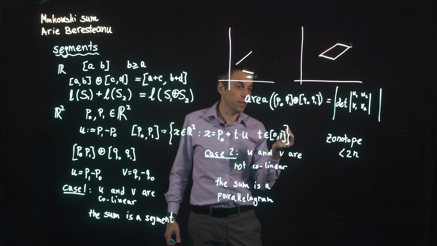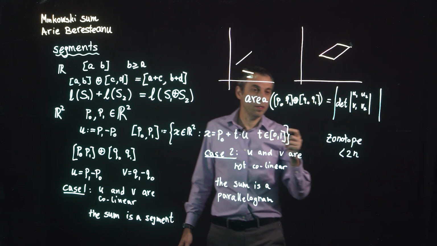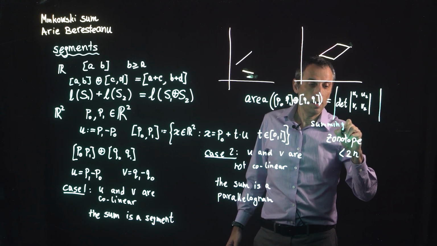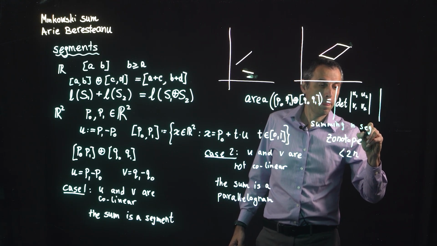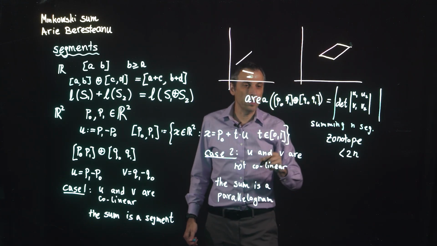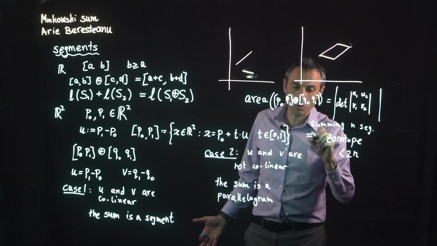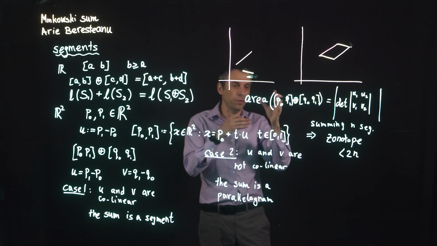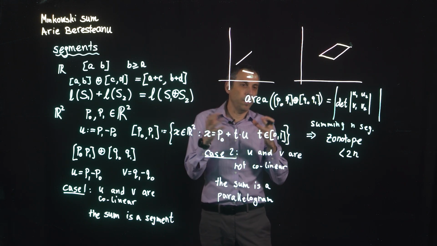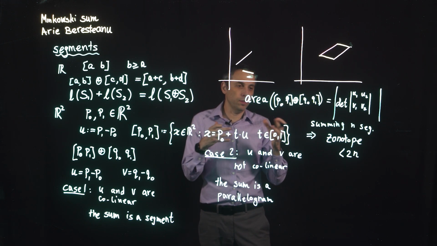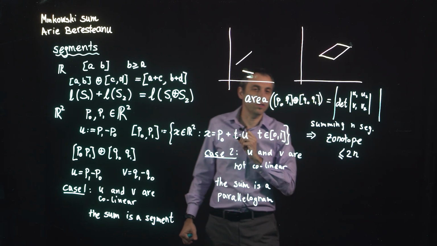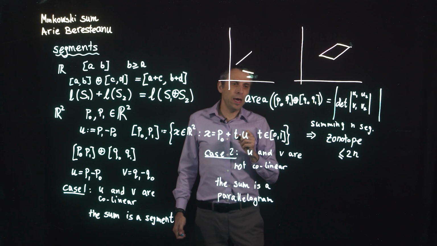If none of the segments is parallel to another, then you have exactly 2n, so it's less than or equal to 2n.